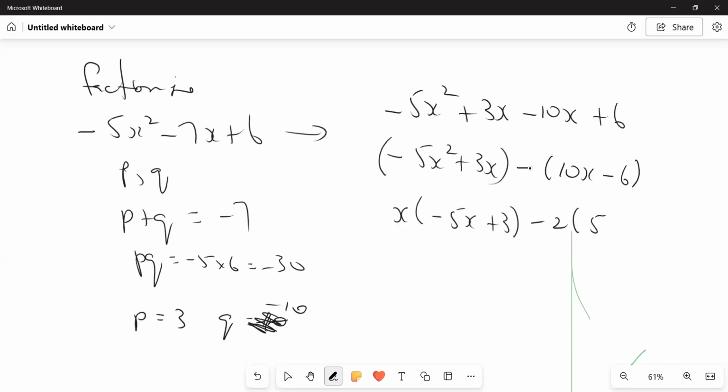Let me see. Take out minus here. You take out minus 2 there. And you get 5x. You're not going to get a plus. What's happening there?